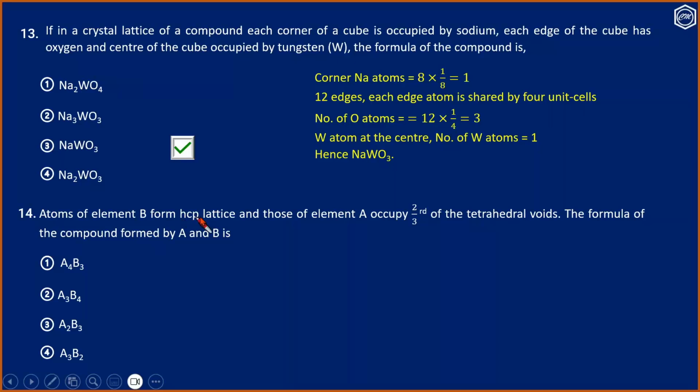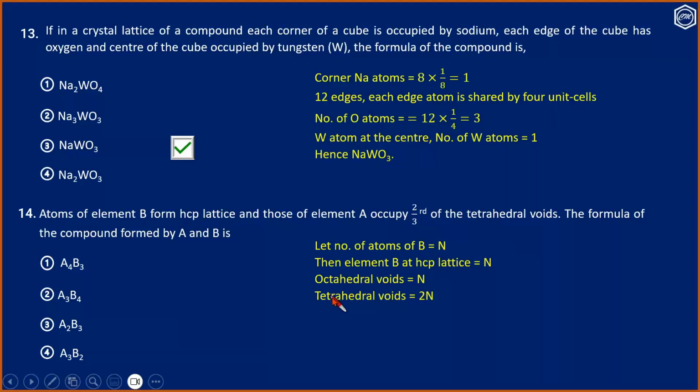Here element B forms the HCP lattice. Suppose the number of B atoms is equal to n. Then the octahedral voids will be n and tetrahedral voids will be 2n. A atoms occupy 2/3 of the tetrahedral voids.